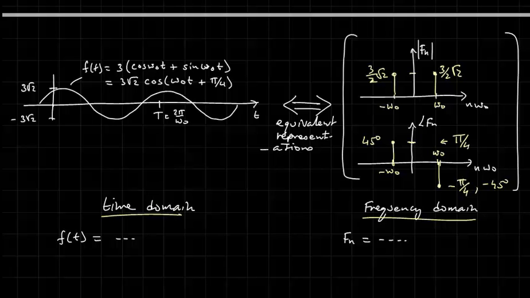So let's recap this idea of the frequency response, or frequency representation, of a time domain signal f(t). For this case of f(t) equal to 3 times cosine omega naught t plus sine omega naught t, otherwise written as 3 root 2 cosine of omega naught t plus pi over 4, you can equivalently represent that signal in the frequency domain by F(n), the magnitude and the angle plot of F(n).